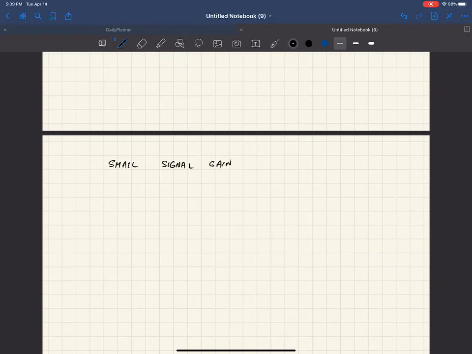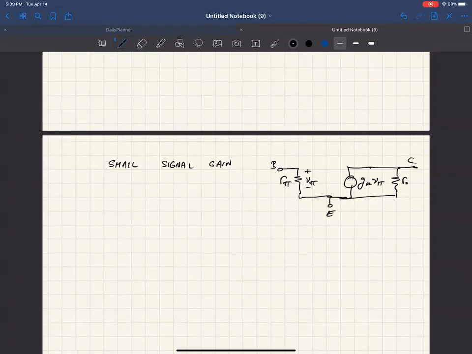Just our bipolar transistor real quick is R sub pi, V sub pi plus minus. So this is a small signal model: g sub m V sub pi, and then r naught for the output resistance from the early voltage, and the collector.